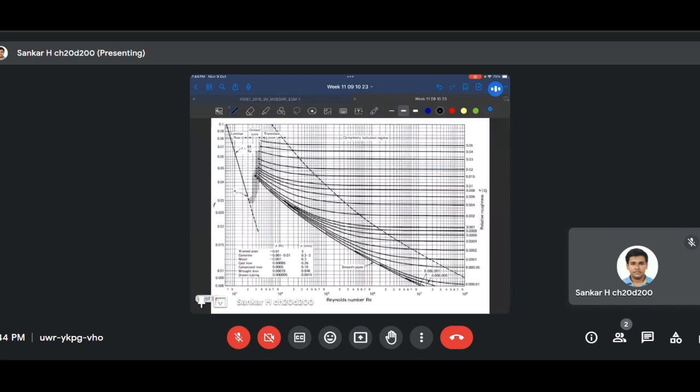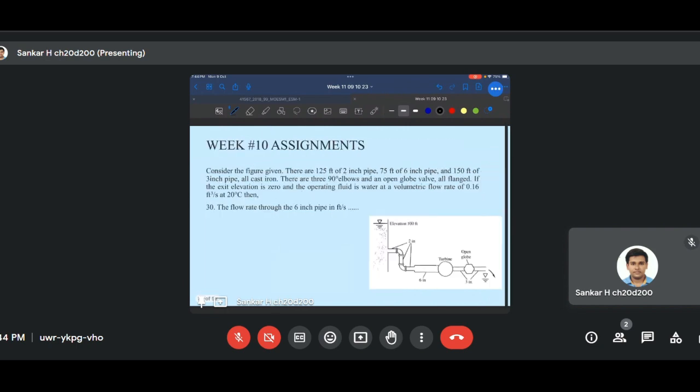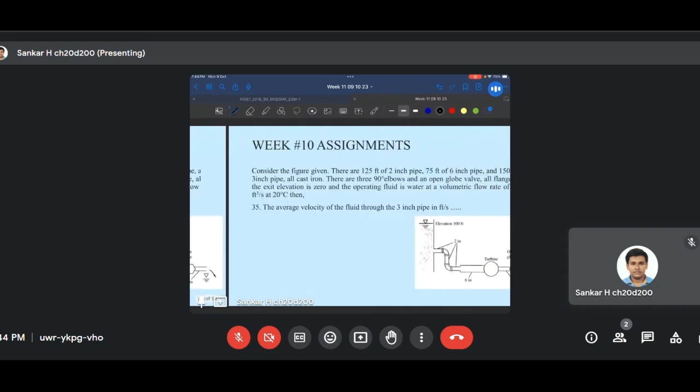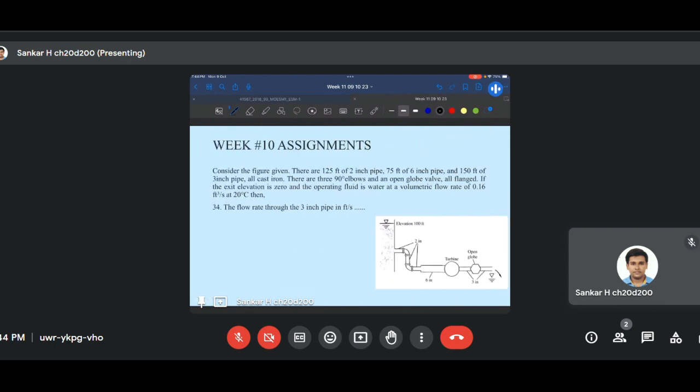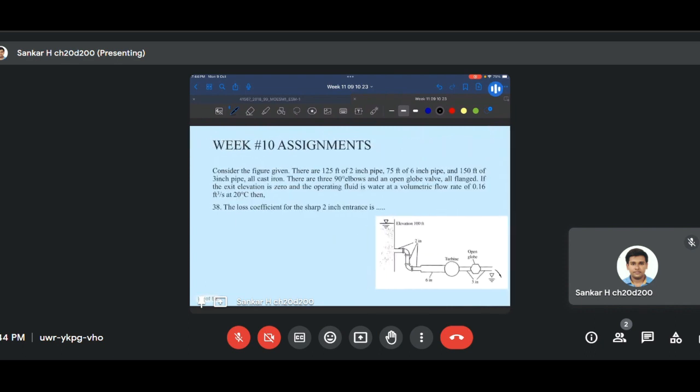Okay, let's move on to question number 30. Repeat the same steps for the flow rate, the average velocity, the Reynolds number, and the friction factor for the 6-inch and the 3-inch pipe. And finally, we just have to find the loss coefficient over here at the 2-inch entrance.